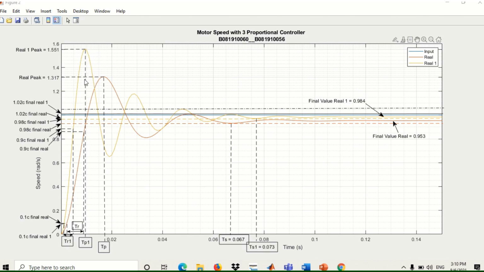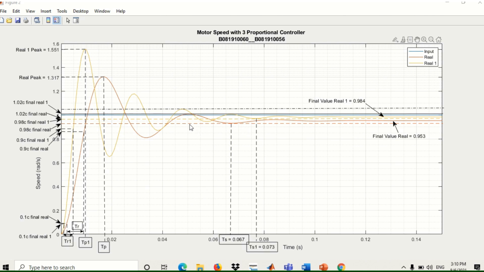So TP1 for real 1 and TP for the graph real. Second, we label for TS. TS means settling time, the time required to achieve steady state value.